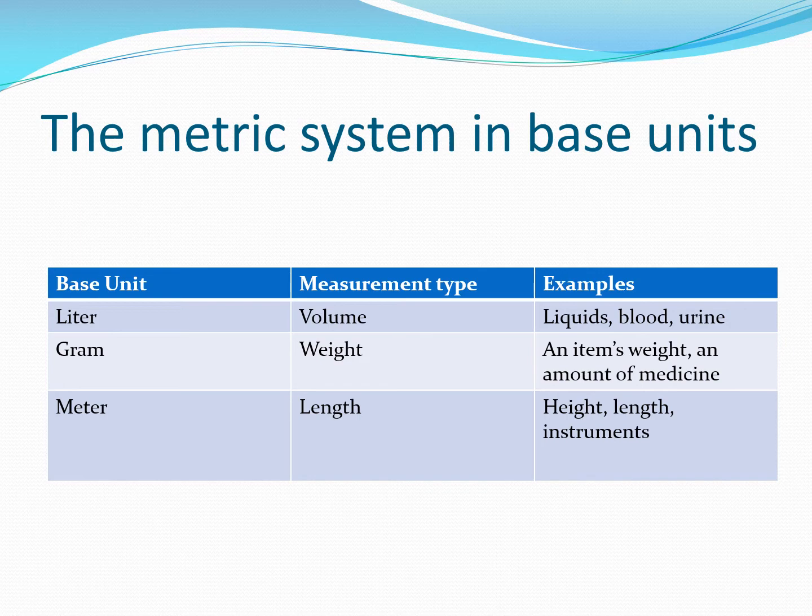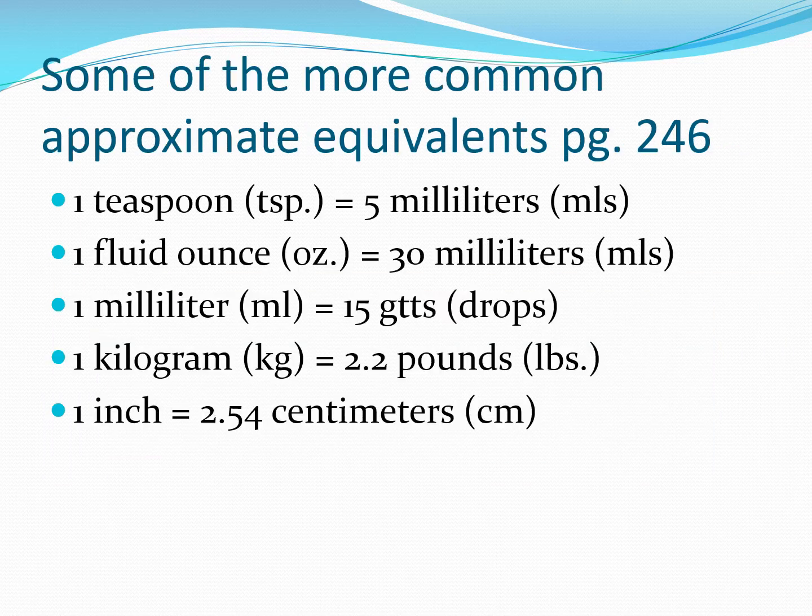So that's just a little review of that. And here are some of the more common things that you are probably going to run across. These come from page 246 in your math book, unit 11.